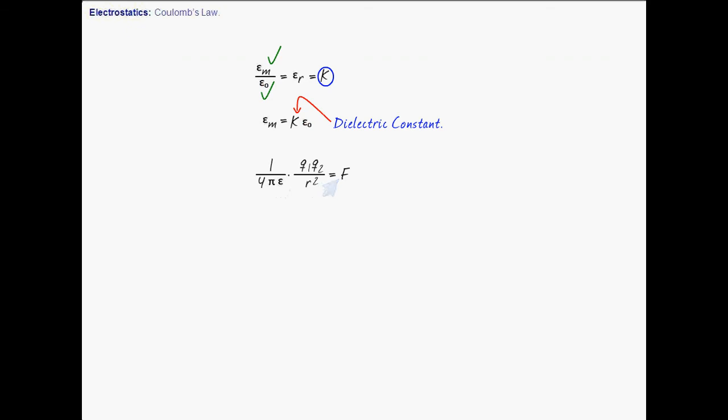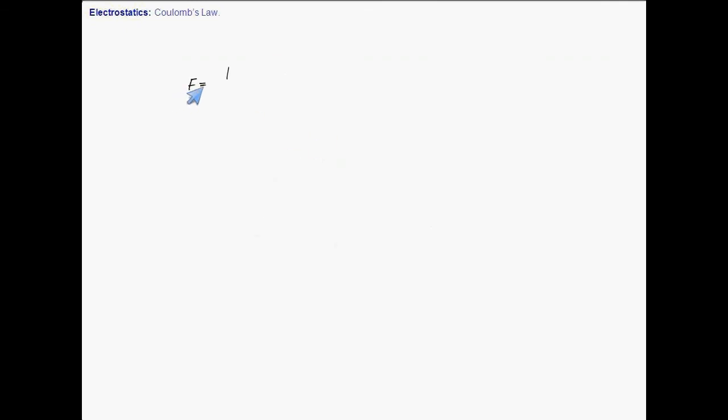Okay, so a final conclusion. The electrostatic force of interaction between two point charges is given by 1 upon 4 pi epsilon naught K, Q1 Q2 by R square, where K is the dielectric constant of the medium in which the charges are placed.